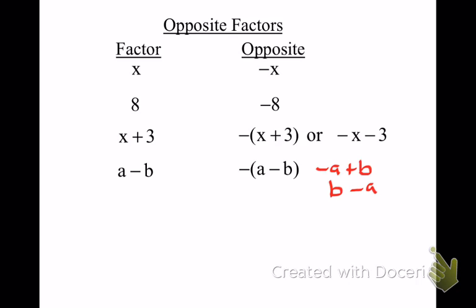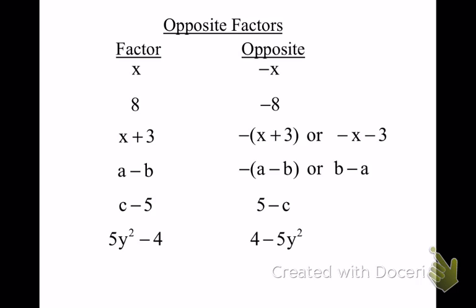Okay, that's how they're getting that. So the opposite of c minus 5 becomes 5 minus c. Remember, if I multiply the entire thing, it makes each one opposite. Opposite of 5y squared minus 4 becomes 4 minus 5y squared.